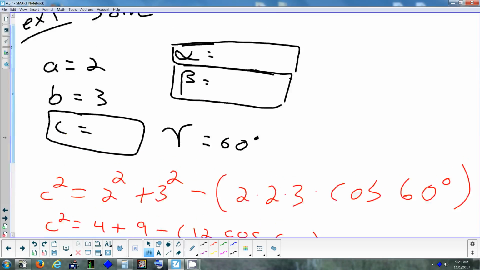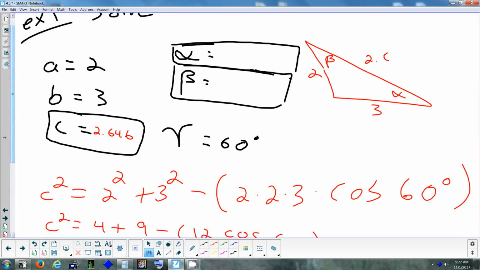Okay, so let's put that in our table. And let's sketch the triangle now that we have that extra piece of information and see what else it is. We knew it was side angle side, but now it's more because you know other things. Right, so we had A, alpha, B, beta, C, and gamma.